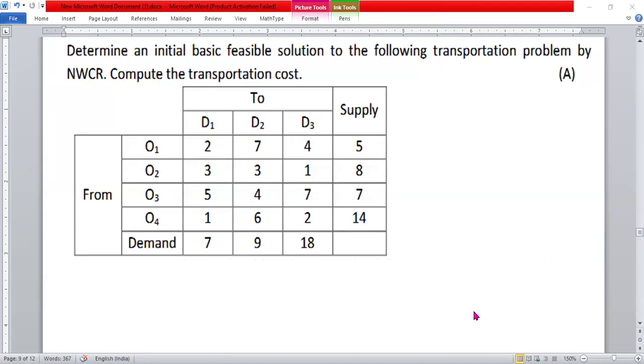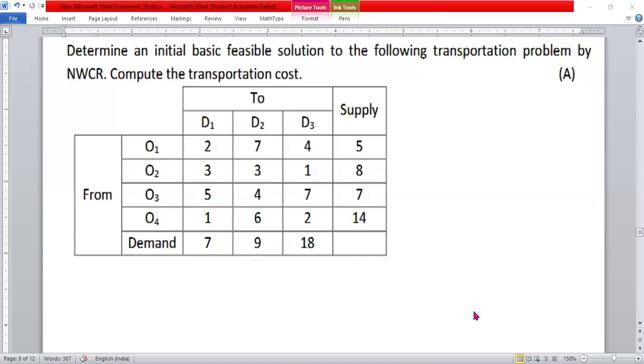One is called northwest corner rule, that is NWCR, and the second one is called matrix minima method or least cost method, and one more, Vogel's approximation method. But Vogel's approximation is not needed. So only two methods are academic: northwest corner rule and matrix minima method or least cost method.